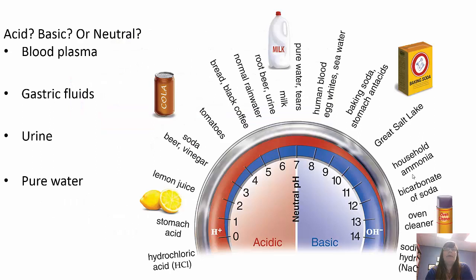So acidic, basic, or neutral, blood plasma. That is slightly basic. It's 7.35 to 7.45. Gastric fluids.